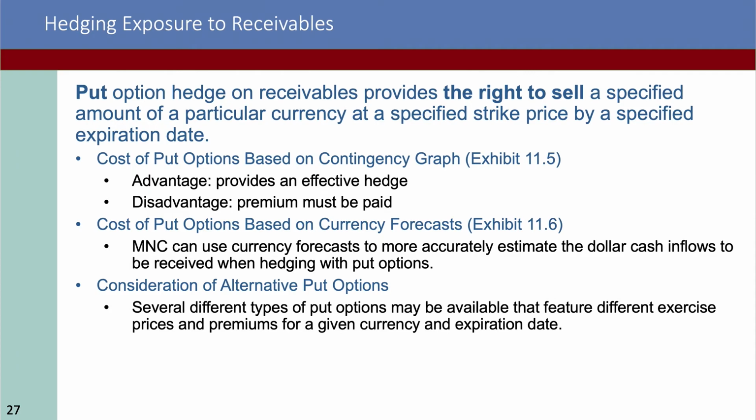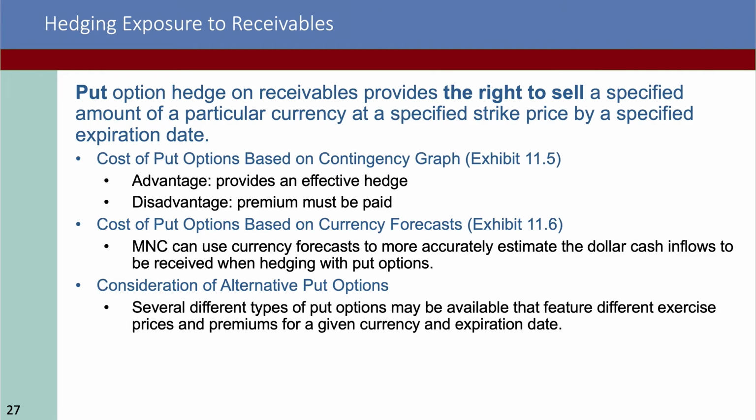Now using options. Here using put. Since you are afraid the price will go down, you sell something; you're afraid the price goes down, then using put. We only take a long position. The put option hedge on receivable provides the right to sell a specified amount of a particular currency at a specified strike price by a specified expiration date.